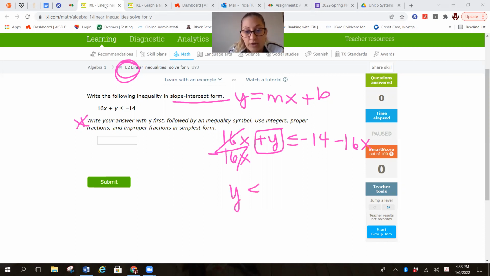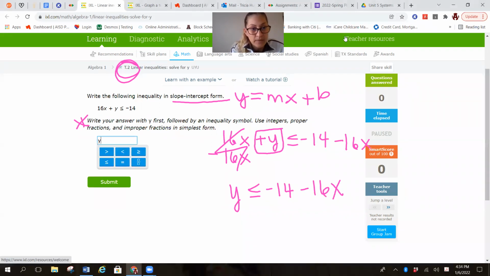Then the answer is already done for you. And that's what we're going to type in. Negative 14 minus 16x. Y is less than or equal to negative 14 minus 16x. So look how it looks. Submit.